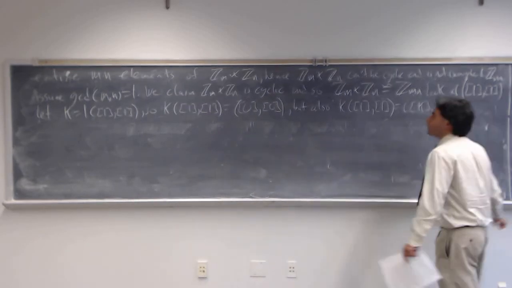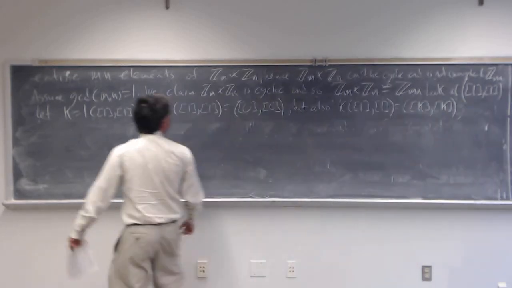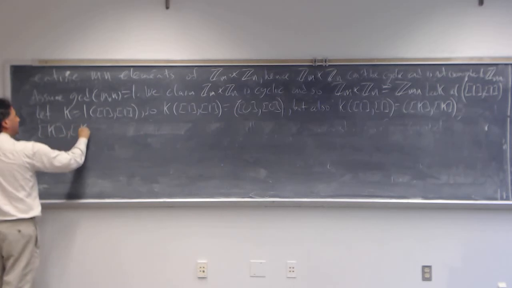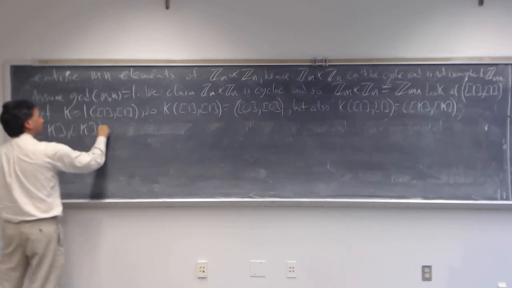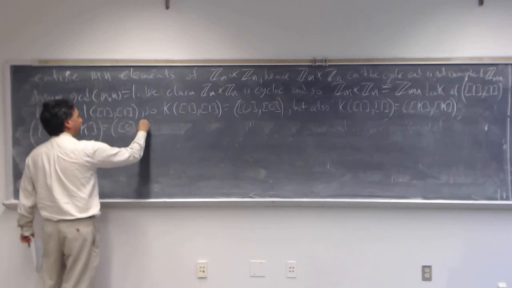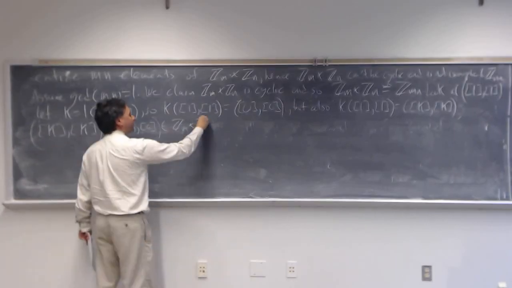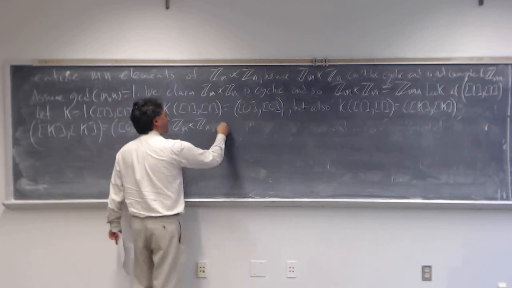And so what's going to happen here? Let me just rewrite this. So basically we have (k, k) is the 0 element, and for emphasis, where does that 0 element live? Well, this is the group we're talking about. So what does that tell us?